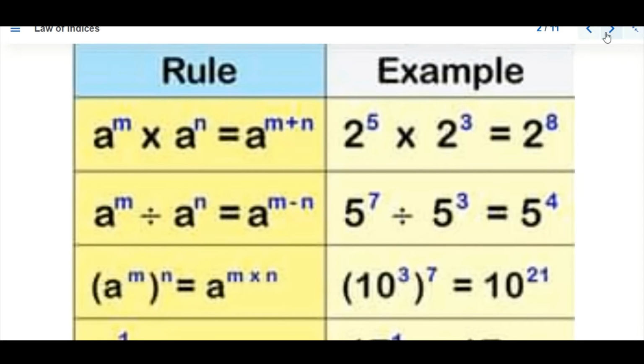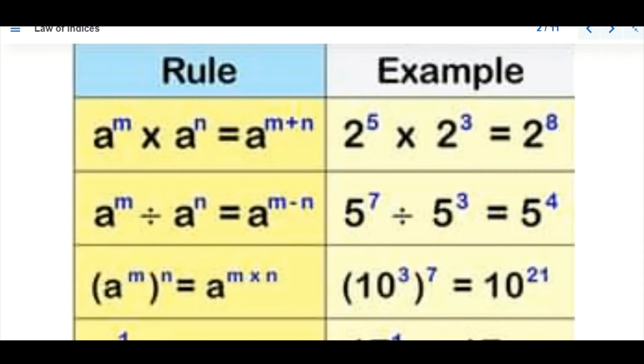The first rule is telling us that if you have a raised to power m multiplied by a raised to power n, then we can solve it by taking a as a common term and adding the powers, which is m plus n. Then if we have a raised to power m divided by a raised to power n, we take the common base number, which is a, and the power becomes m minus n.